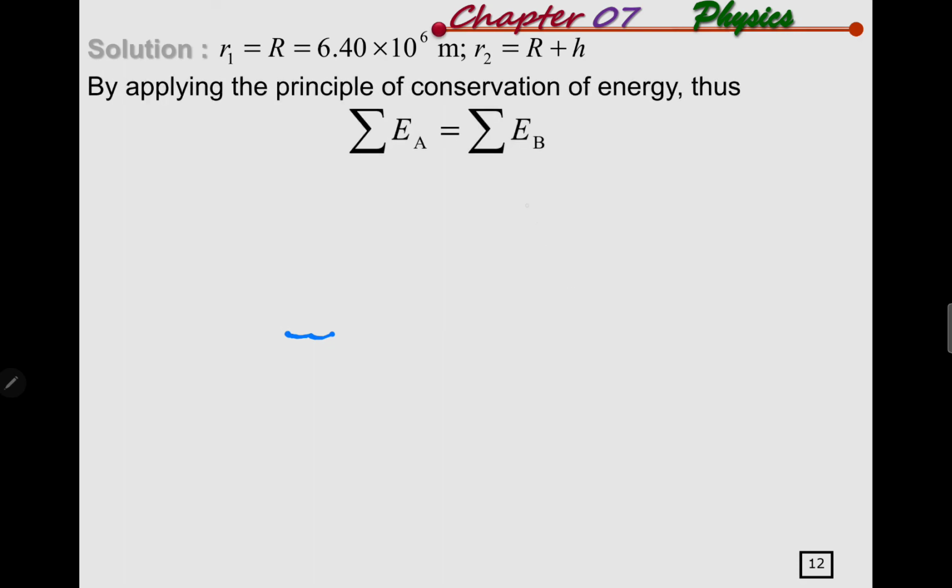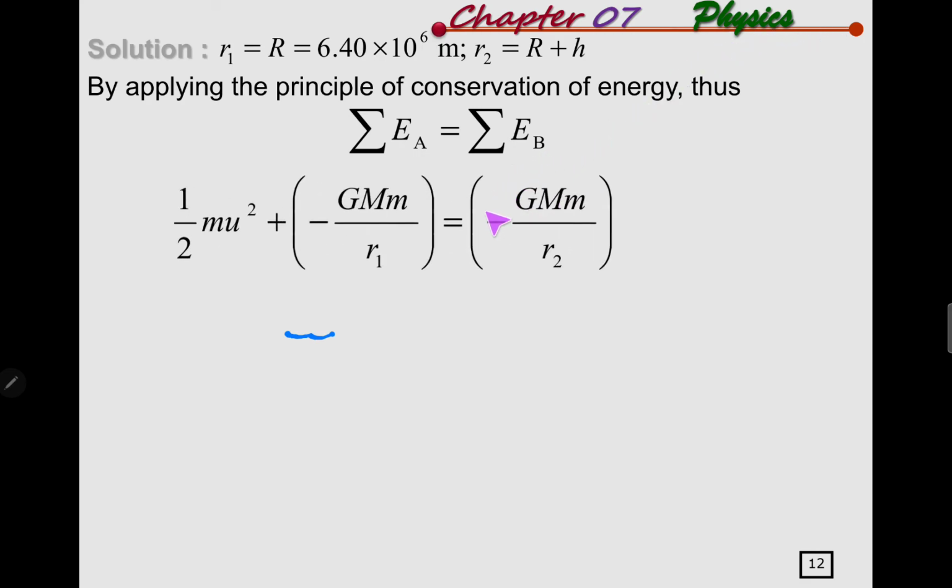By using the conservation principle, total initial energy will be equivalent to the total final energy. Initially you have both kinetic and potential. Finally, we only end up with potential. Kinetic will become 0 because the velocity becomes 0.